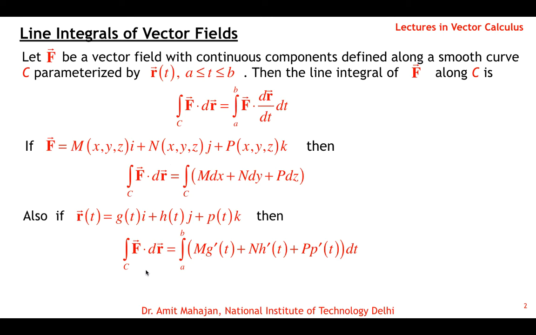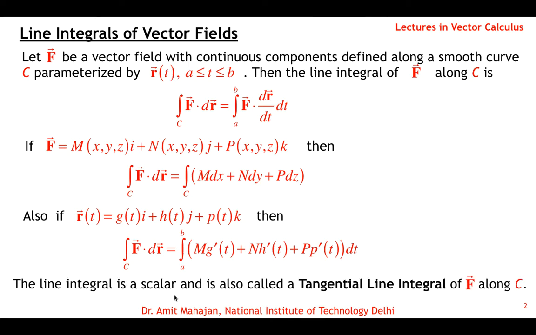The line integral is a scalar result here, and is also called the tangential line integral of the field along the curve C. So if this vector field F represents a force throughout a region in space, then this line integral is defined to be the total work done by the continuous force field F to move an object along this curve C from point A to point B. And if this field represents a velocity field of fluid flowing through a region in space, then this line integral over curve C represents the flow along the curve from the point A to B.